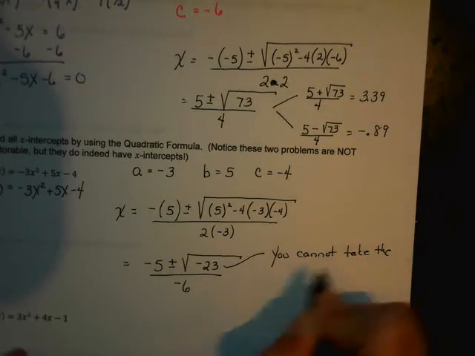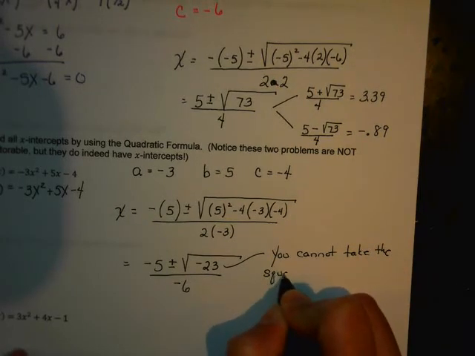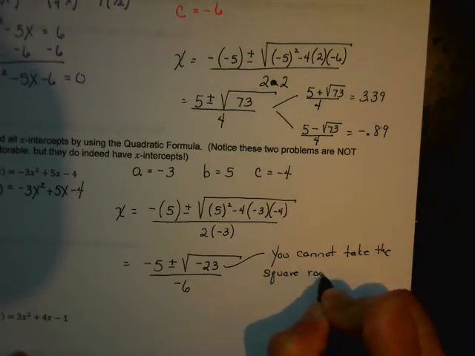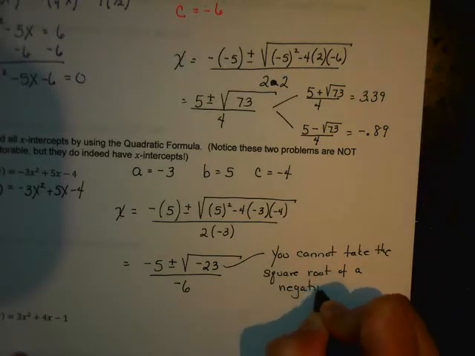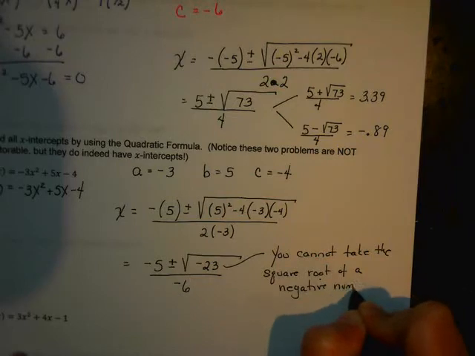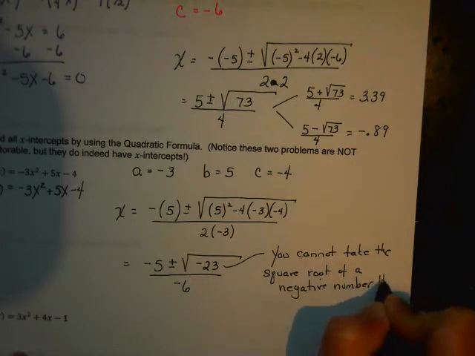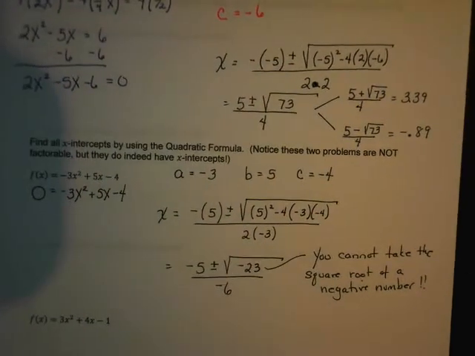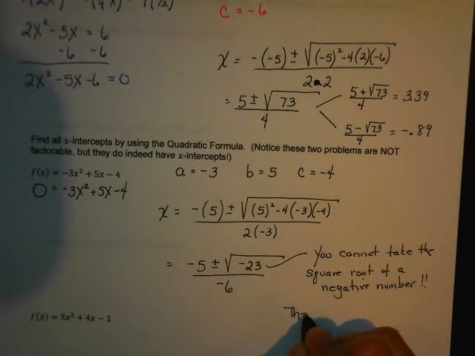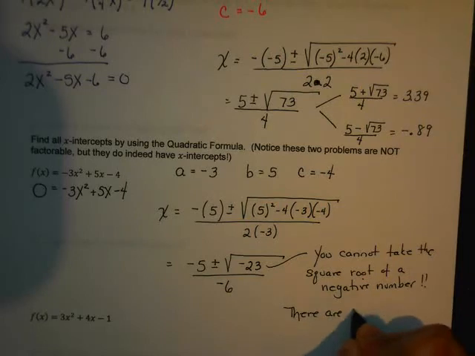So you cannot take the square root of a negative number. Interesting. So if this happens on my MATLAB, which it might because I pulled these off of my MATLAB, there are no x-intercepts. None exist.